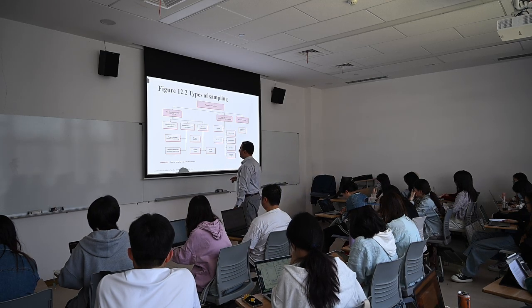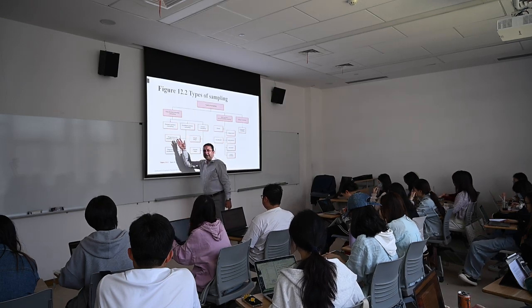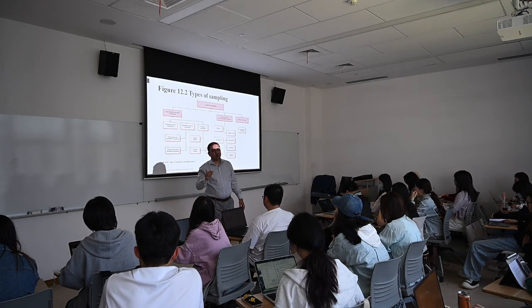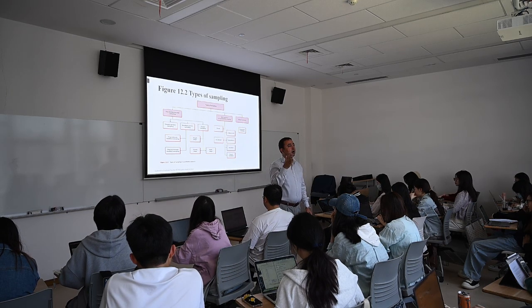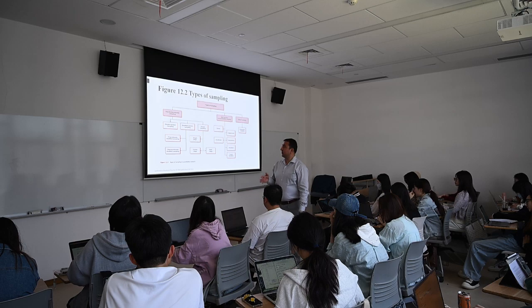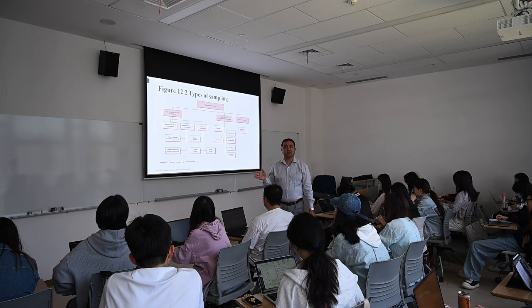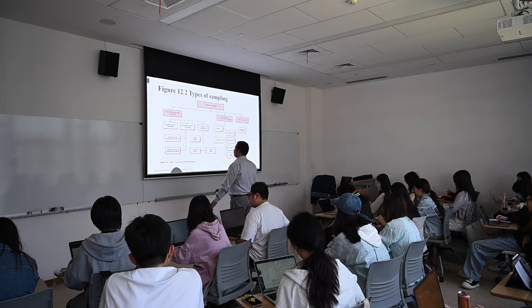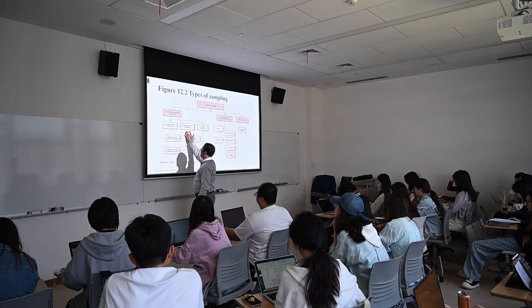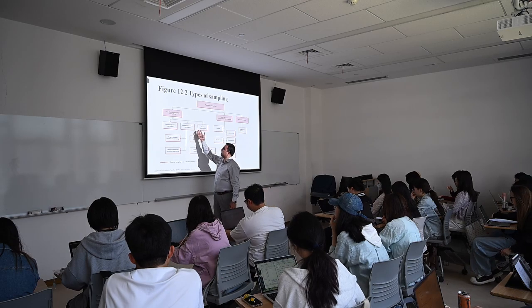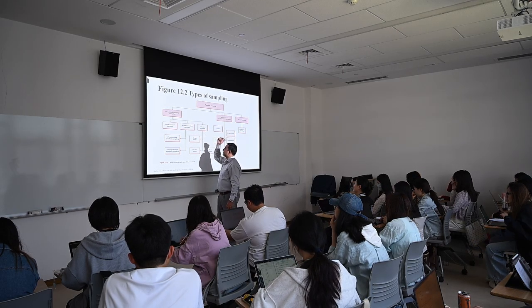Random sampling is widely used. In most of our quantitative research, we use a random or probability sampling design. In random, there are three again: simple random, stratified, and cluster sampling.